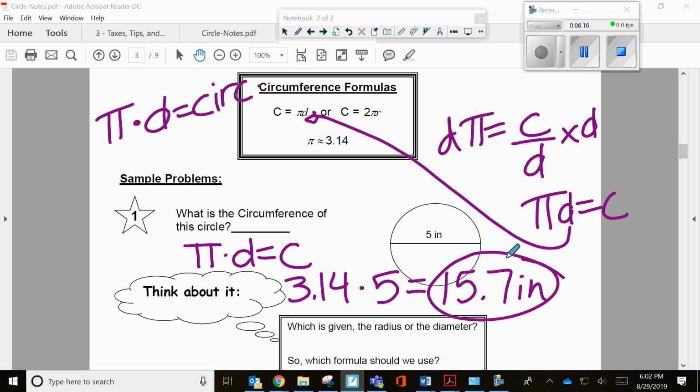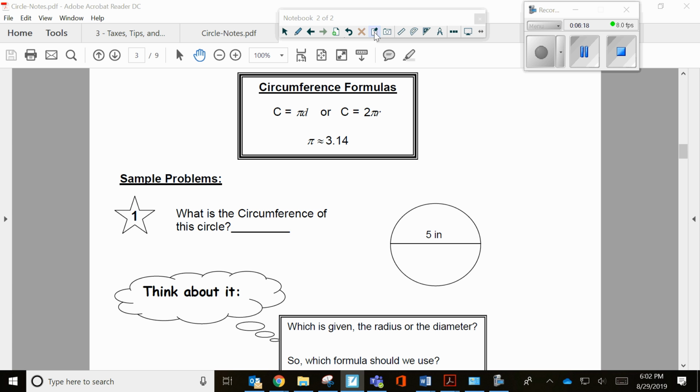So now let's look at another problem, and we're going to use this formula here, where it says circumference equals 2 times pi times r. Okay, we haven't talked about r yet, but r, going back to our first page, represents radius. Radius is half of the diameter.